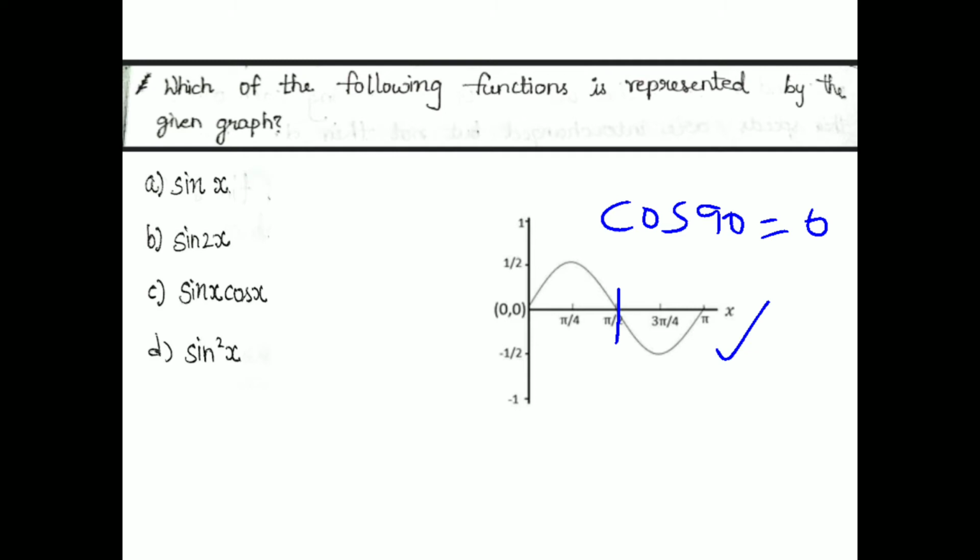From the options, sin x does not contain any cosine, so obviously this is not the graph of sin x. And sin 2x could be written as 2 sin x into cos x.